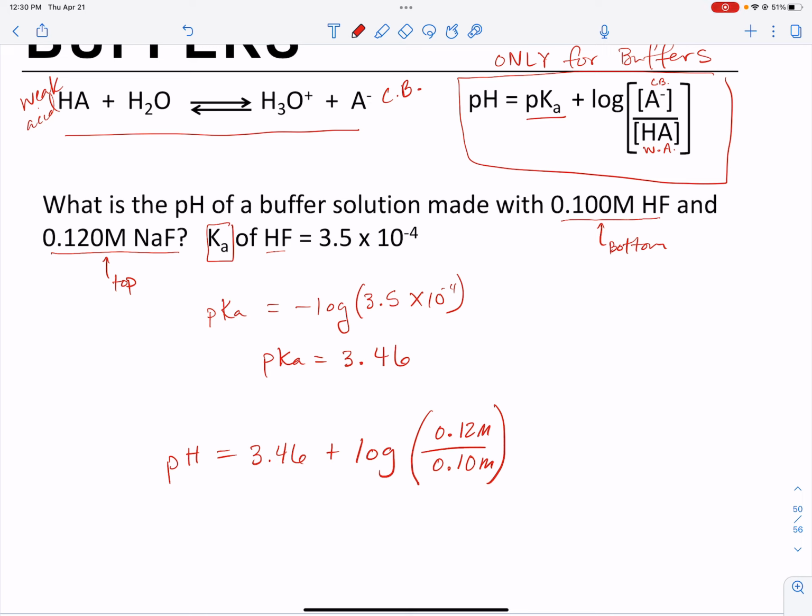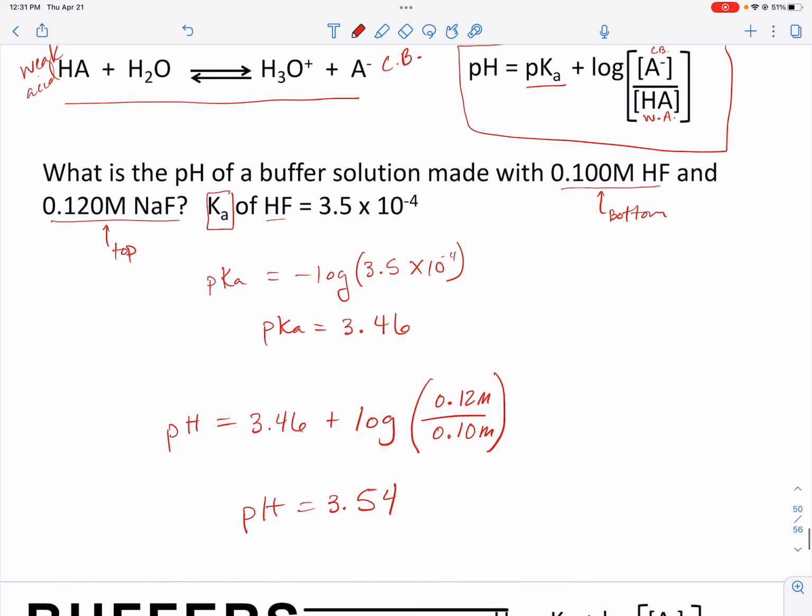And when you do this, you get that the pH equals 3.554, okay, with rounding. So there is our pH. That's part 1 of a buffer problem, all right?